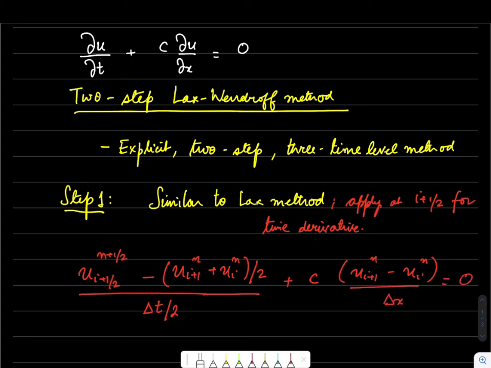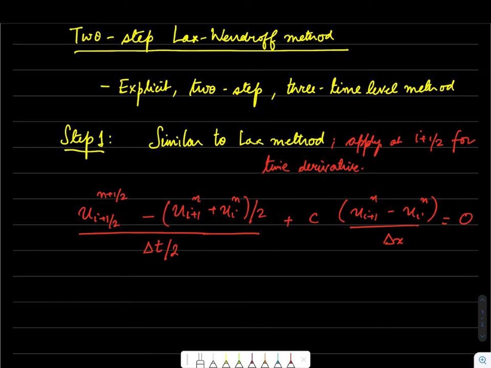Now the space derivative is also calculated based on a central difference scheme, because you can think of it that we are calculating the derivative at i plus half. So at i plus half we basically expand about u i plus half, so I get u i plus 1 and u i, and this spacing essentially is 2 times delta x by 2. So this is step 1.